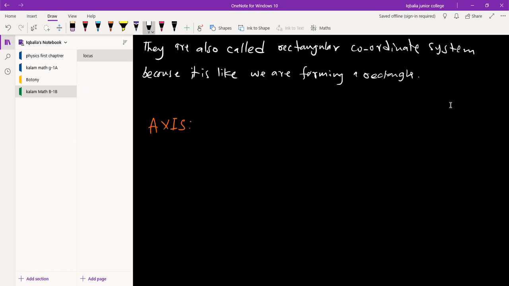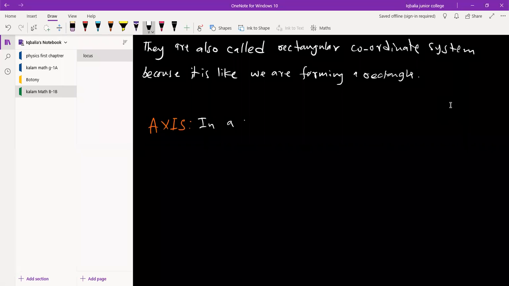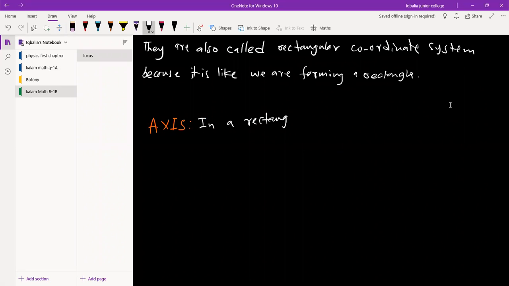That is correct, Syed Amin. Very good. So I can write similarly as Syed Amin said, a fixed line used for making measurement on a graph.